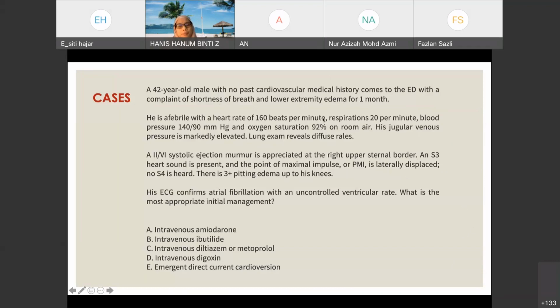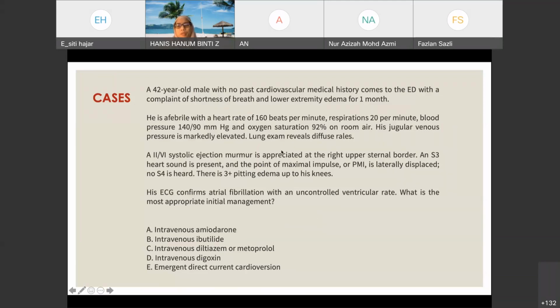Respiration and BP are okay, oxygen saturation is not that great, 92. JVP is elevated. So when you look at the case, the patient has SOB, lower extremity edema, and elevated JVP, and he has AF, right?